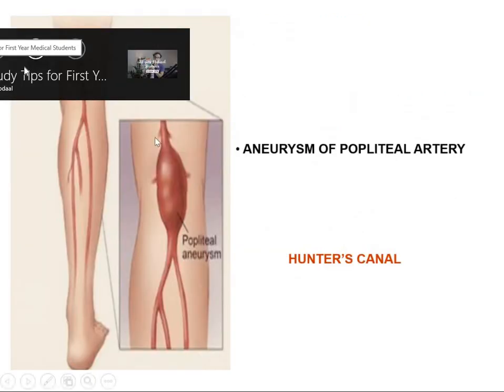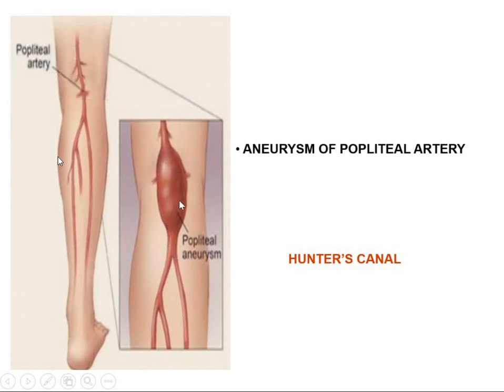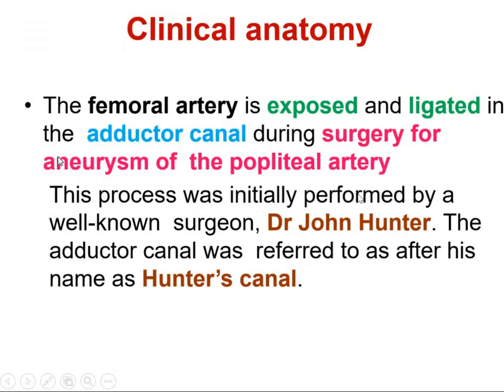Let me show the diagram. So you can see this is the popliteal artery present in the popliteal fossa, which is abnormally dilated. Okay. This is your aneurysm of popliteal artery. So this process was initially performed by the well-known surgeon Dr. John Hunter. So that is why this subsartorial canal or adductor canal is named after him as Hunter's canal.